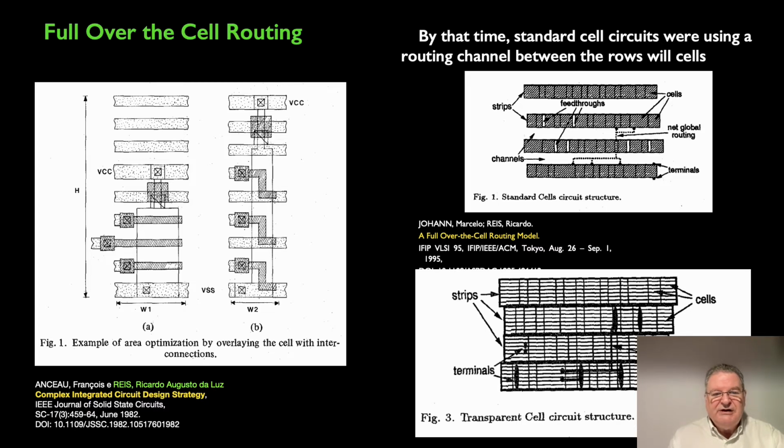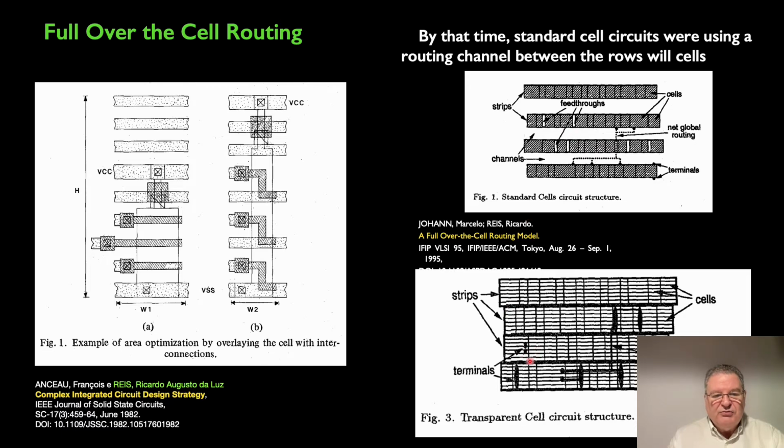On the right you can see the traditional standard cell approach that was starting to be used at that time, where we could find space between the cell rows to do the routing between these rows.